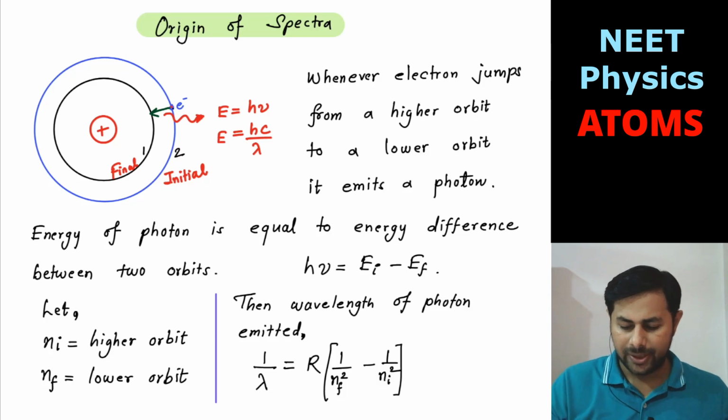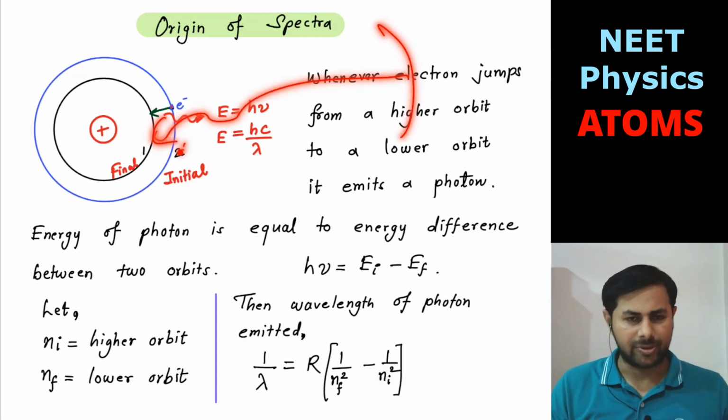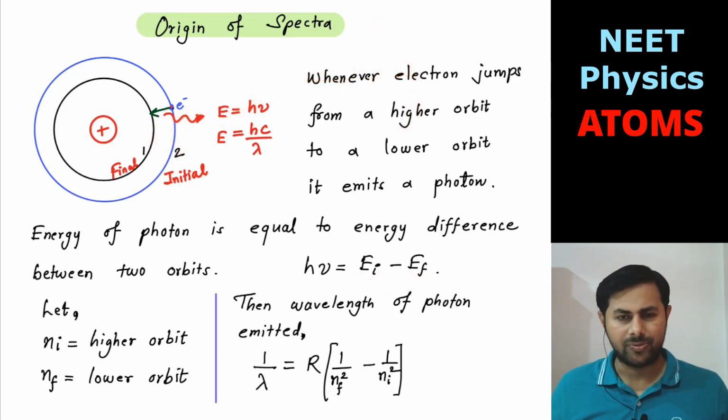So if it jumps from a very large distance, the energy difference would be more. The energy difference would be largest when the electron jumps from infinity. If energy is largest, the frequency would be largest.